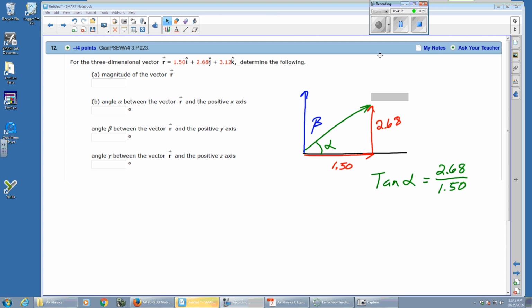Okay. Let me make sure I'm not screwing it up. You never know. Where does it ask positive x-axis and positive y-axis? I'm just having a thought.